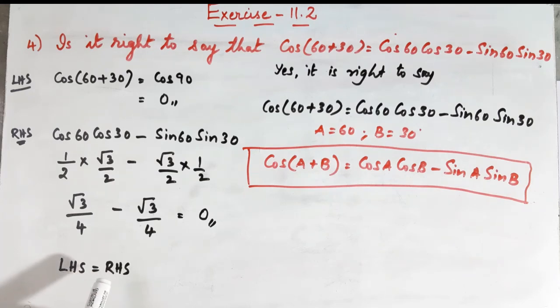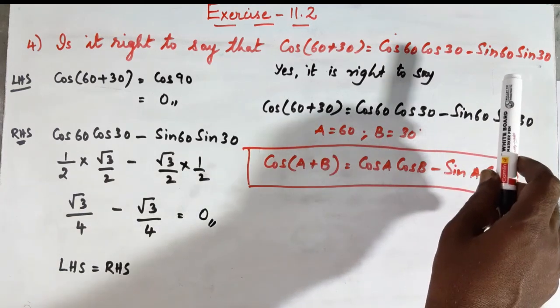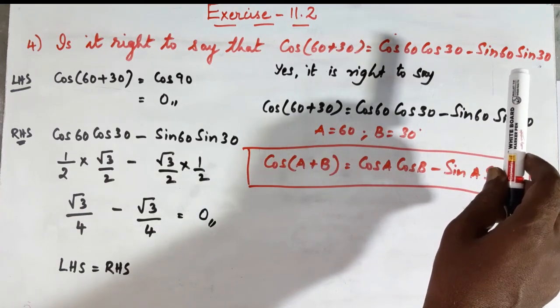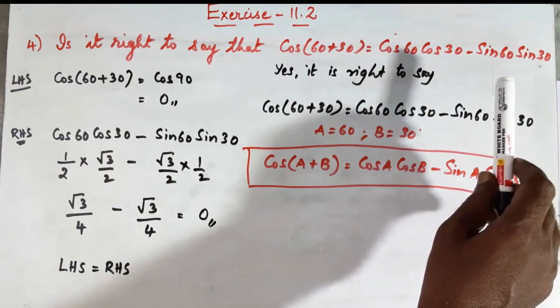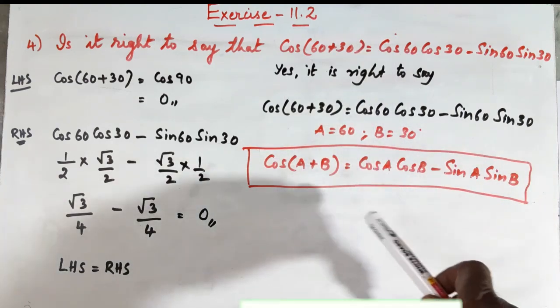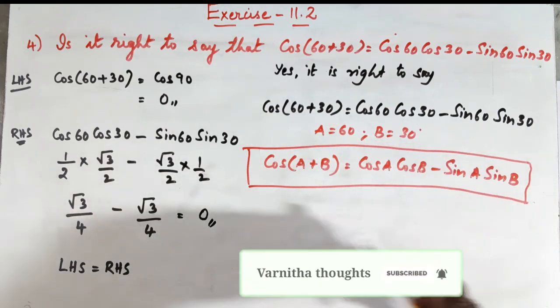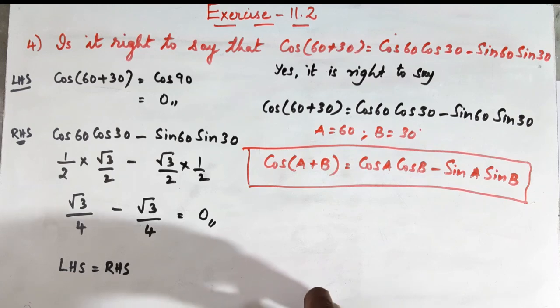If you want to see the table, on the right side corner of my YouTube channel there will be an icon. Just press on that and you will get the trigonometric table easily. You have to write it down on a rough side, so that you can easily substitute these values. Okay, hope you have understood.